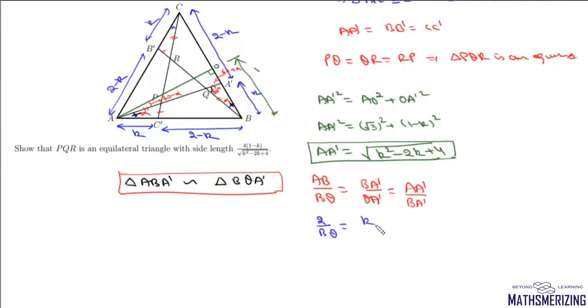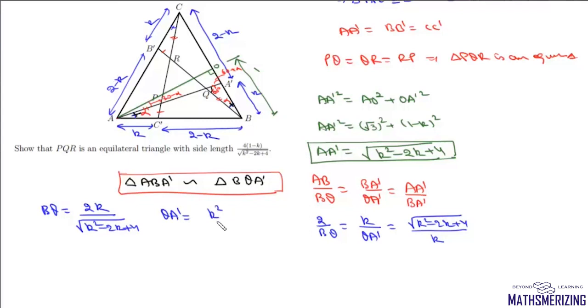BA' is simply k upon QA'. AA' we have worked out, so it is under root of k square minus 2k plus 4, and BA' is simply k. So from here we can say the value of BQ is 2k upon under root of k square minus 2k plus 4, and the value of QA' is k square upon under root of k square minus 2k plus 4.